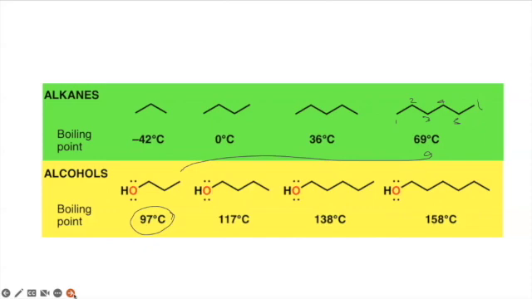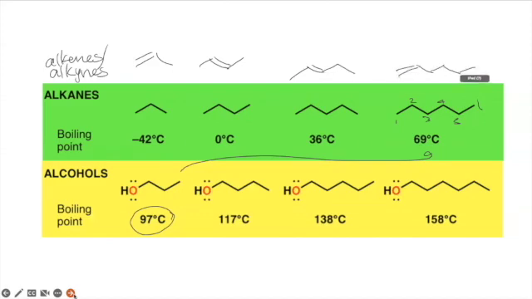And this diagram doesn't show alkenes and alkynes, but if we wanted to throw them on here, we know that generally they have a lower boiling point than that of the same amount of carbons in an alkane.